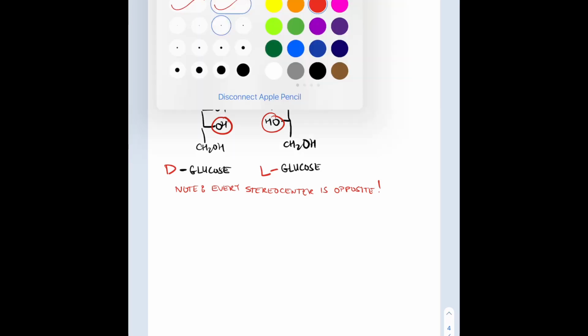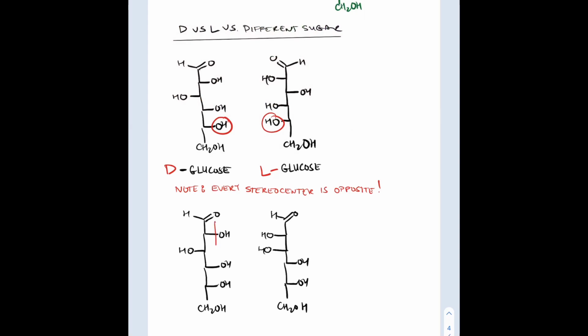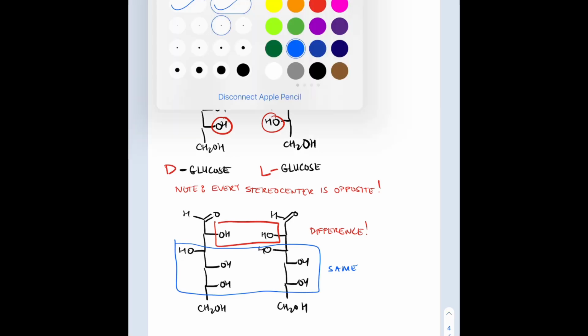Now, let's see another sugar. I'll draw glucose again. So we've got right, left, right, right. That's how I remember glucose. Let's draw another sugar where we have left, left, right, right. Notice that not all of the OHs are opposite. These two right here are where the difference is, and these other ones are the same.